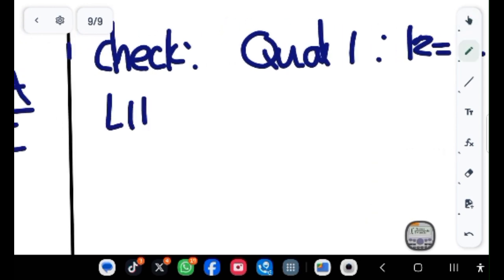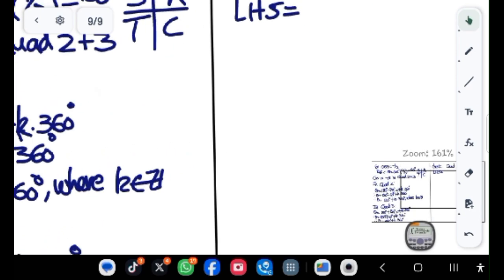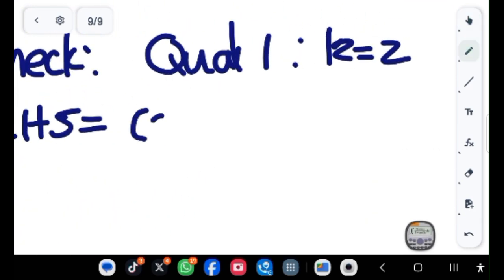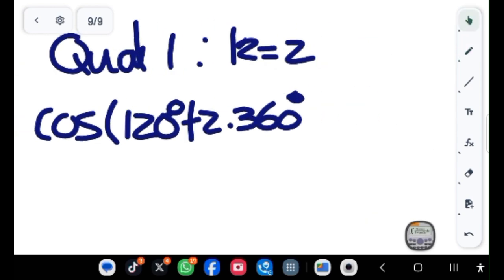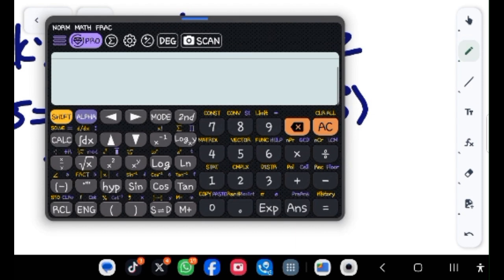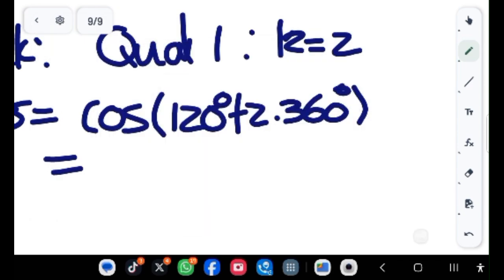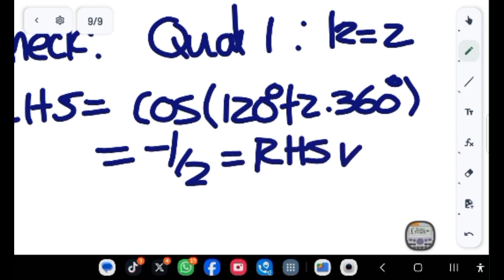The left hand side will be cos of 120 plus 2 times 360, and that gives us negative 1 over 2, which is equal to the right hand side, which checks out.